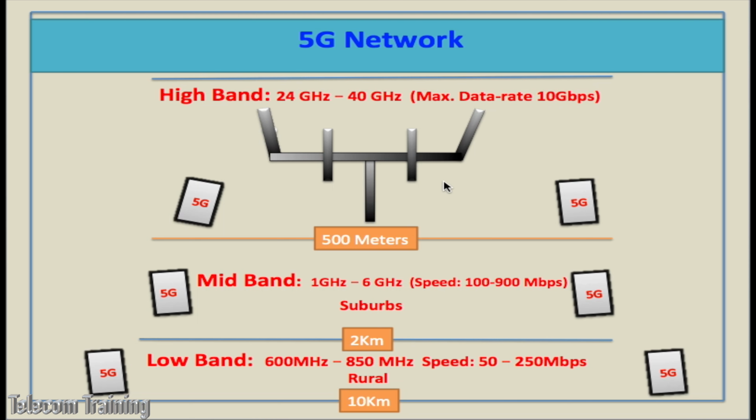So once you're close to the antenna, 250 megabits is what you would pick up, right up here. But as you travel down this way, you'll find that the speed starts to drop as you go further and further away from the antenna, until you get right down to the 10 kilometer line and your speed is just 50 megabits per second. So frequencies between 600 megahertz and 850 megahertz, with these lower speeds, would be found mainly in the rural areas.